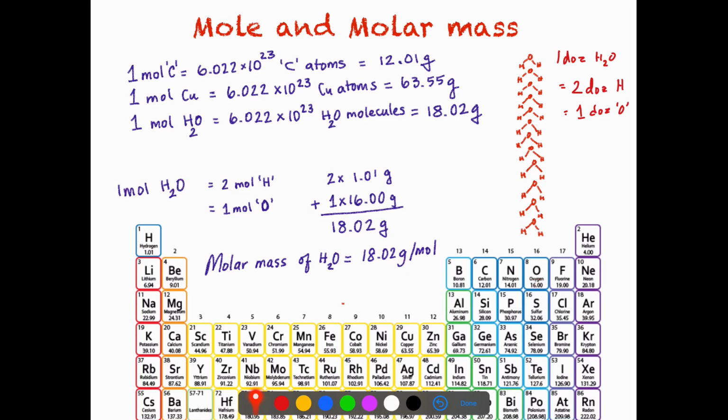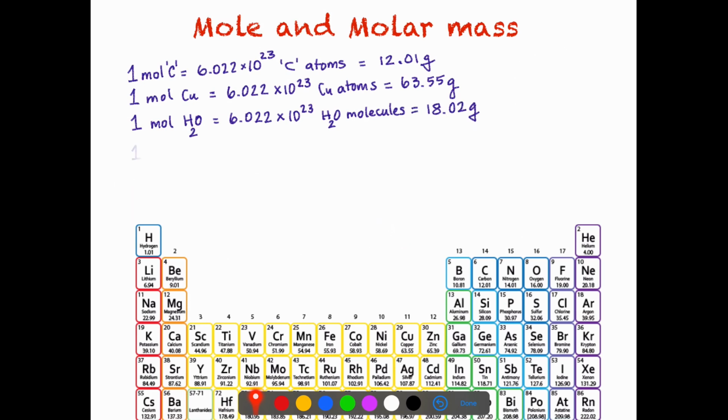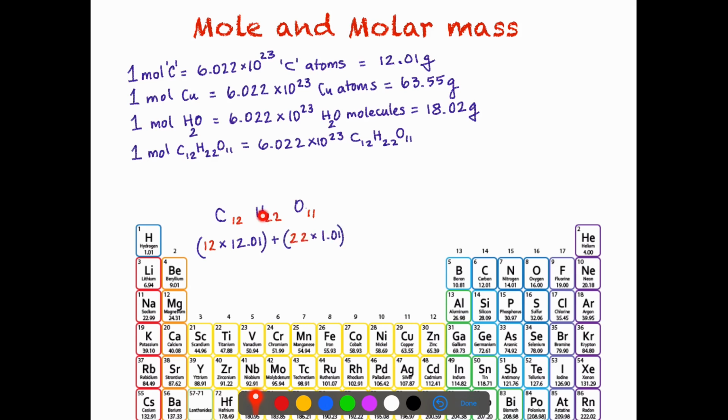So let's practice one more example for molar mass. So if you have 1 mole of sugar, so this is the formula for sugar. That means that many sugar molecules. So how do we calculate the weight of that? So you do 12 times carbon's weight on the periodic table and add 22 hydrogen, so 22 times this number for hydrogen.